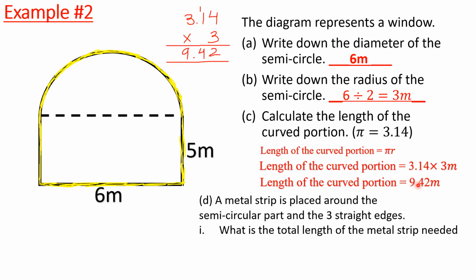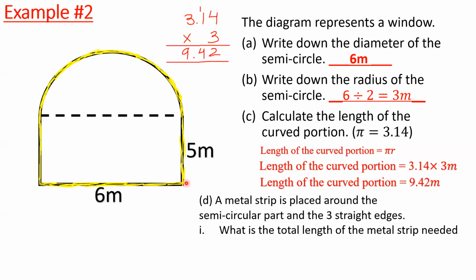Now, what we need is the total length of the metal strip needed. So what we have to do is add this portion to this portion to this portion, to all of this. We have to add the whole thing.